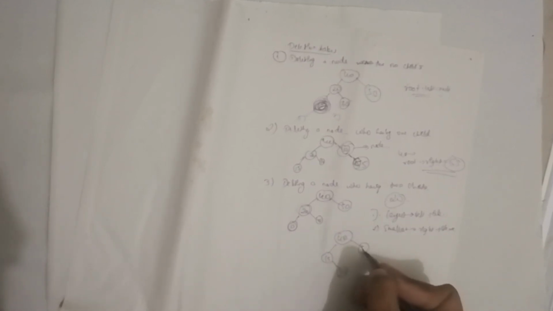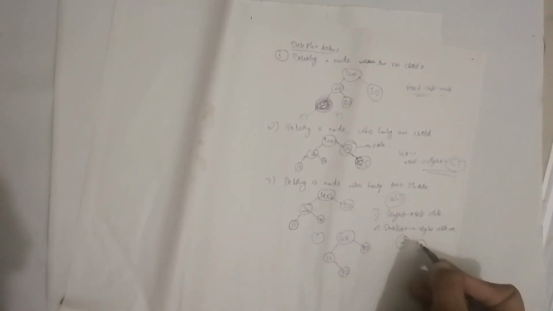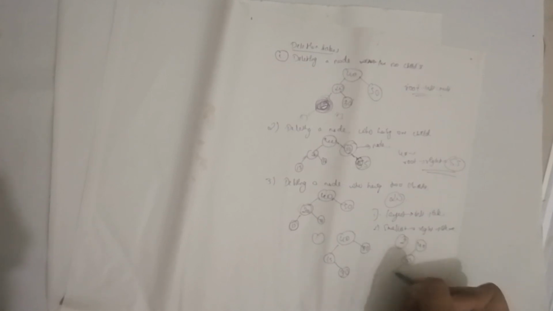So when you are deleting 20, we need to choose the largest left side value. It's 15, so there is no other left. So the tree will become 40, 15, 30, 50. Or else this is one option. The second option is choosing the smallest one, the smallest right child, 30, 15. It's another possibility.